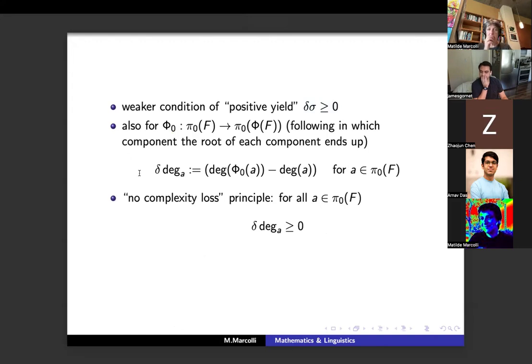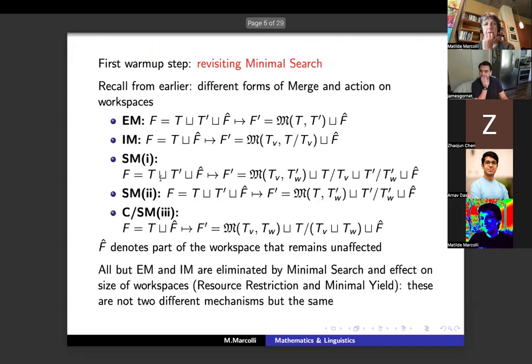Also, we had discussed another kind of possible constraint, which was what I call the complexity loss constraint, which was the following. Going back to this case here, for each component, you look at the root of that component.